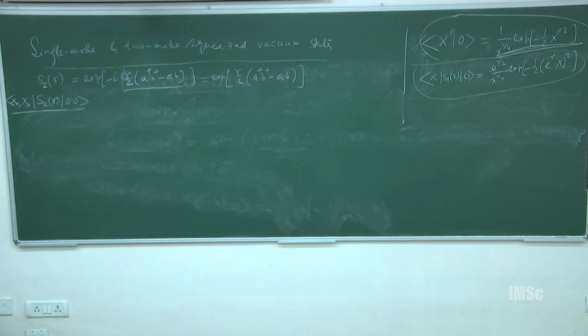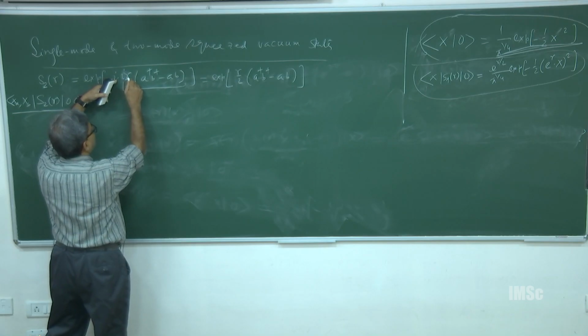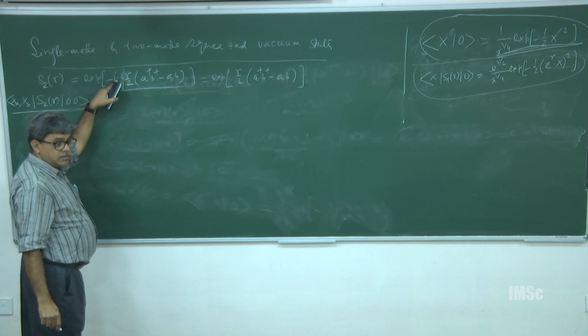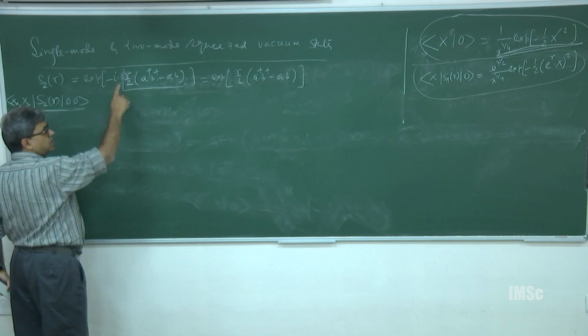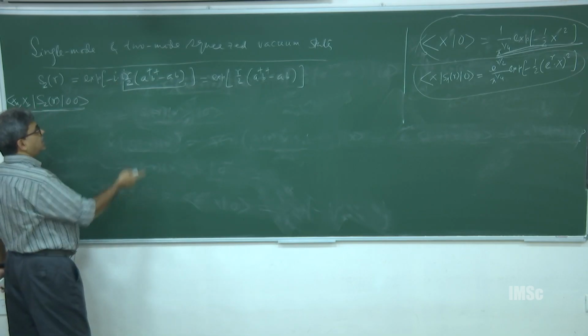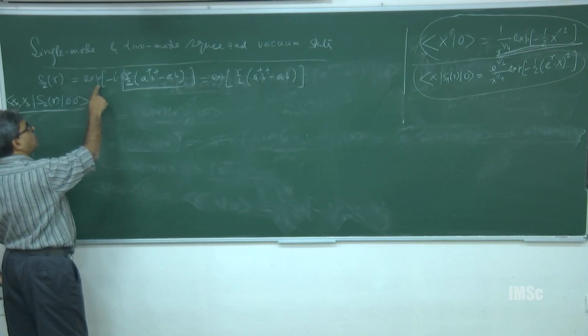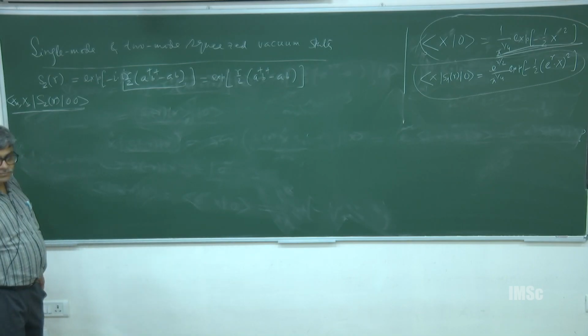But how did the iota vanish? No, this is your Hamiltonian, iota R by 2 times A dagger B dagger minus AB. This is your squeezing Hamiltonian corresponding to the squeezing R. And then you have to exponentiate minus iota times that Hamiltonian to make it unitary.